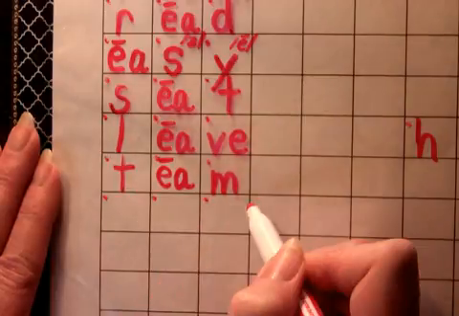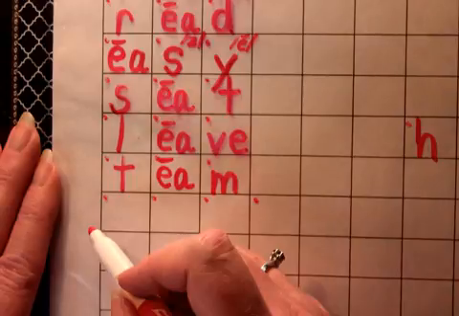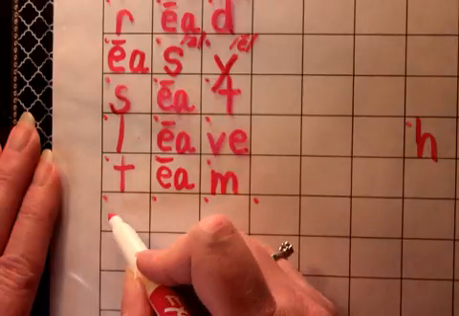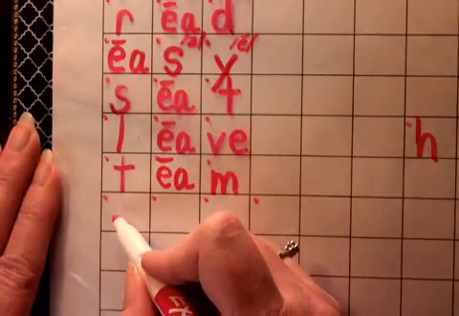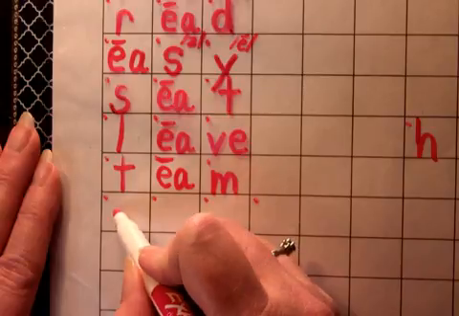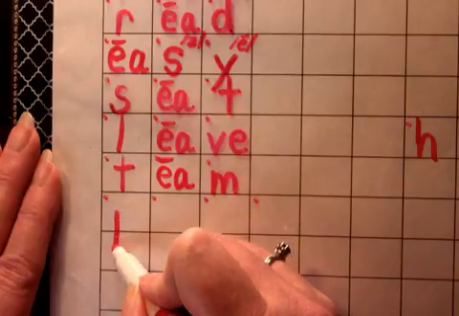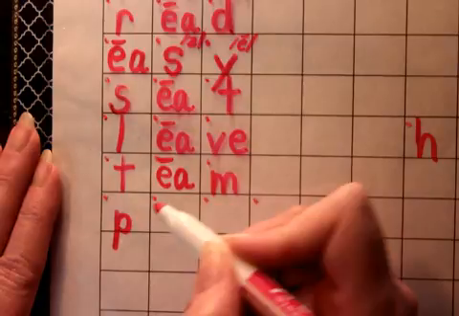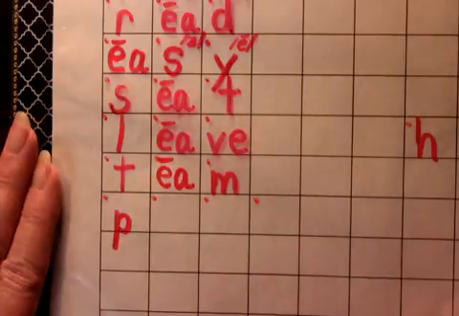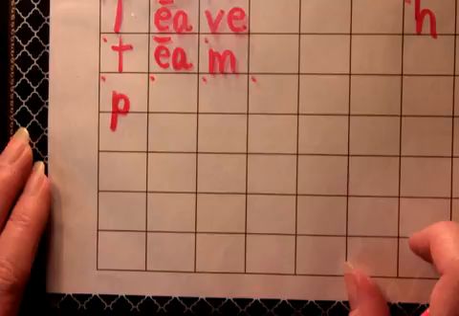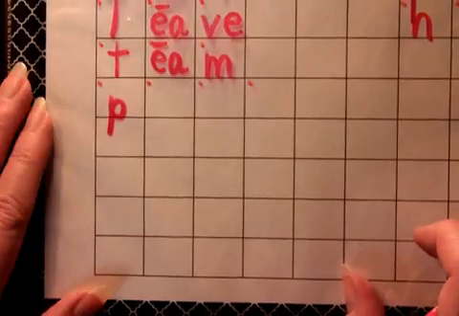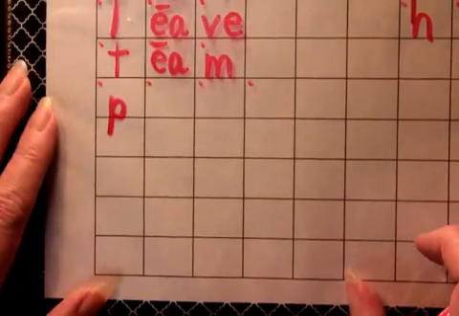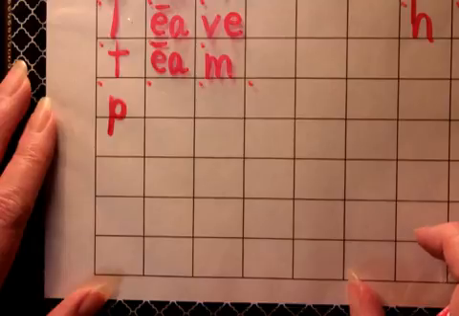P, A, R, T, E. The first sound is P. My lips are closed. I pop the air. The line is first, goes under the writing line, and the bubble sits on the writing line. Let me pull this up. The next sound is R. That's the pirate sound.